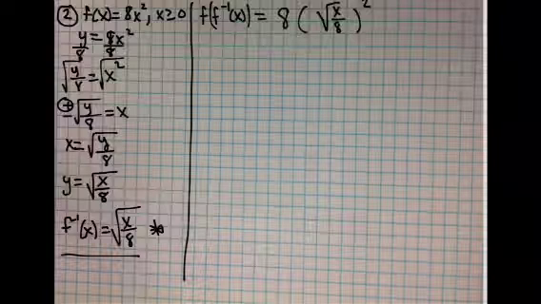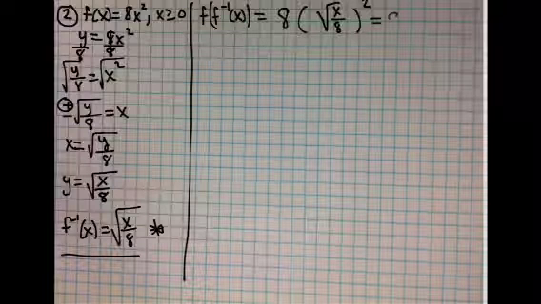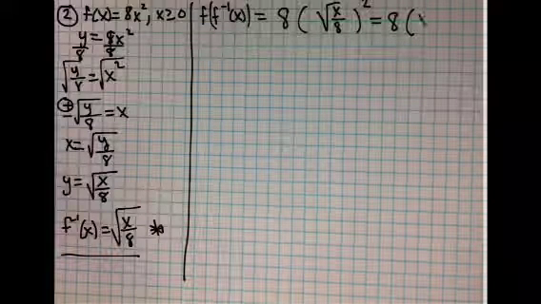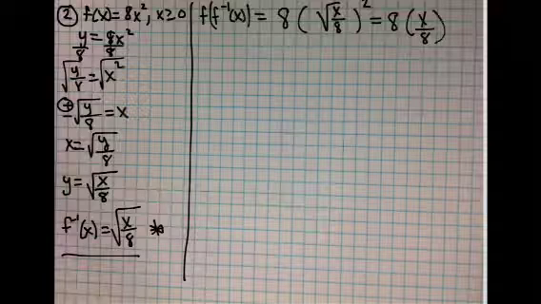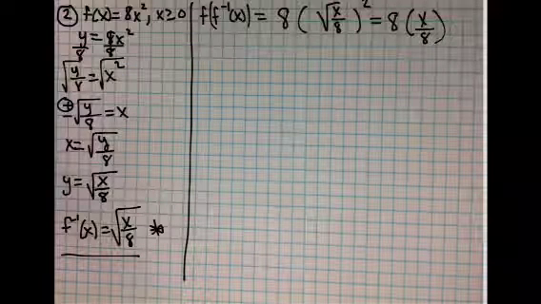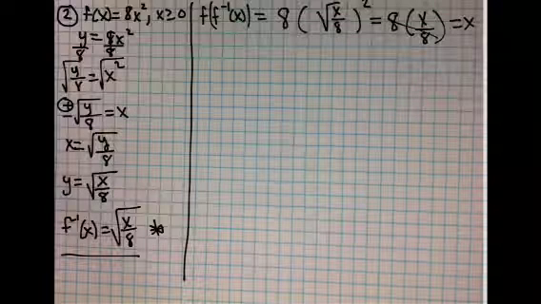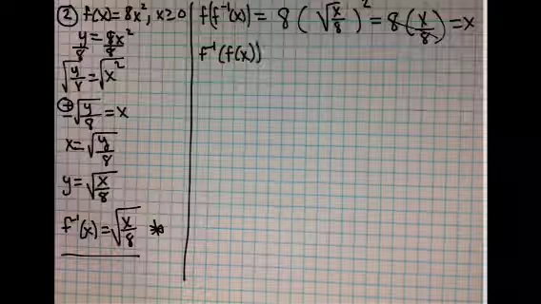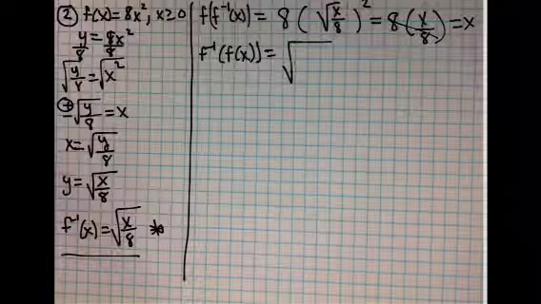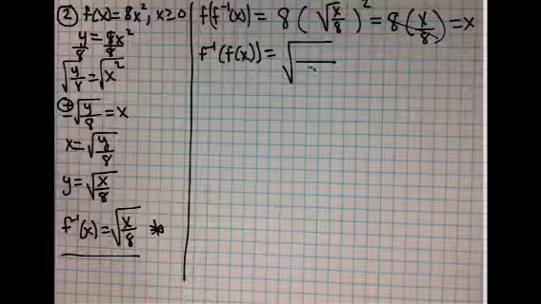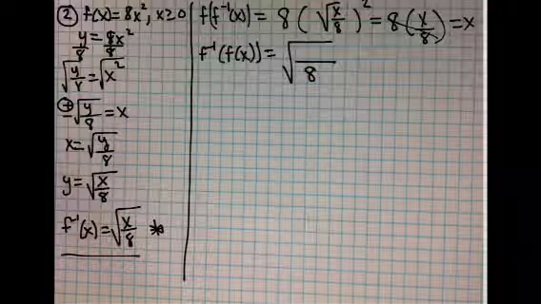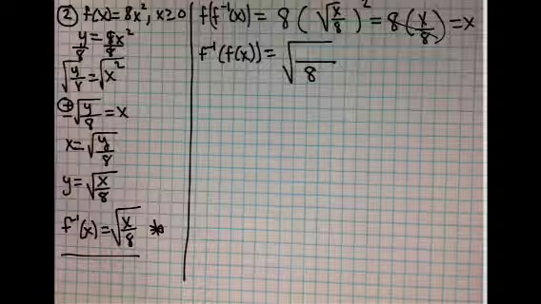So when you square a square root, you eliminate the radical, like that. And so 8 times 1/8, that becomes a 1, so this gives me x. Now we do the other direction. So that means that I'm going to start off with the square root, and then the 8 in the denominator, and then in the numerator, the x is your f of x function, so that's 8x squared.